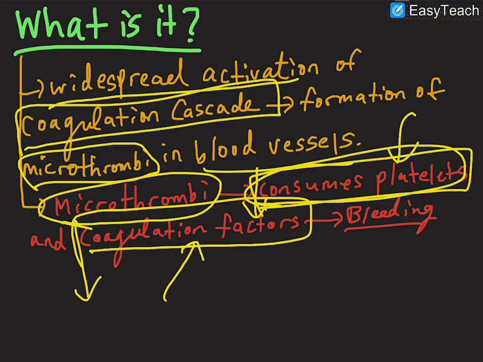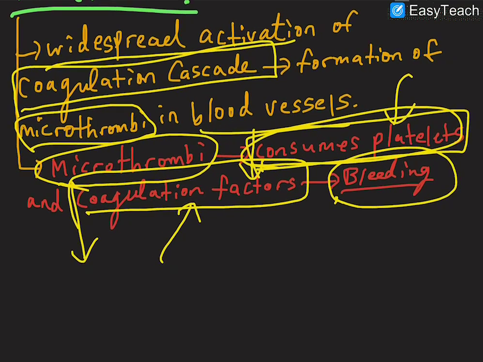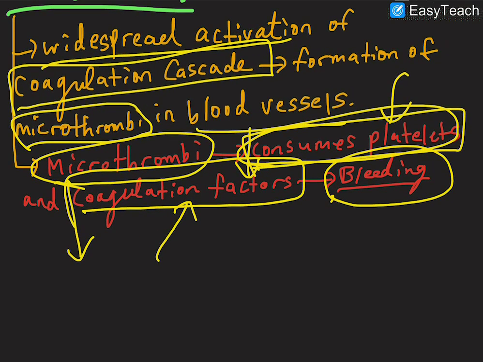If you're consuming things that help you clot, then you're going to start bleeding. It's kind of paradoxical. That's why DIC is kind of weird in that way. You're making a bunch of clots, widespread activation of your coagulation cascade, but at the same time, in order to make those clots, you're consuming a lot of your platelets and coagulation factors.